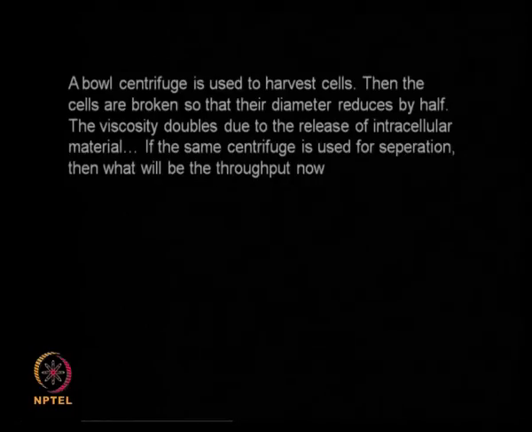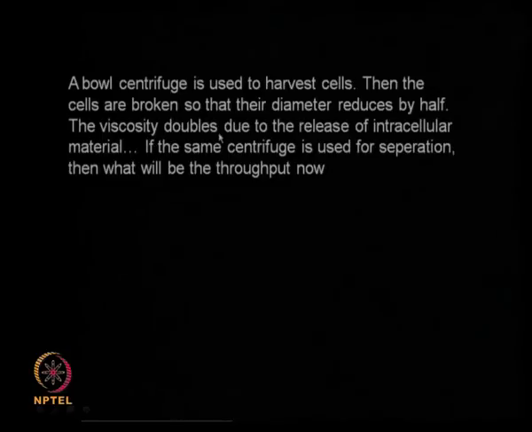Okay, let us look at a simple problem which tries to give you some idea about the throughput through a centrifuge. Imagine I am using a bowl centrifuge to harvest cells. Then what I do is I take the cells and break the cells, so the diameter of the cells becomes half.